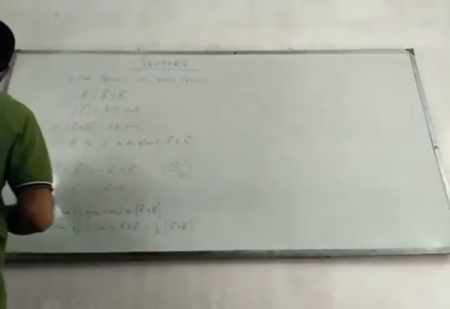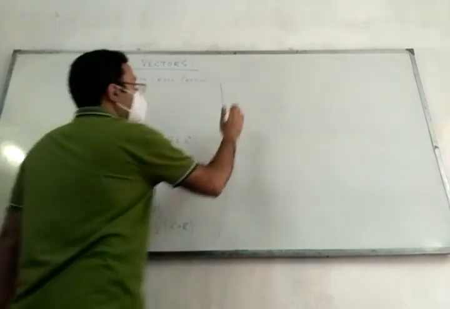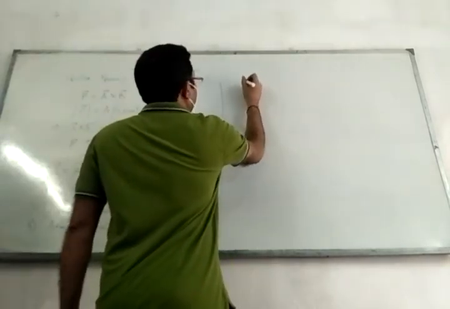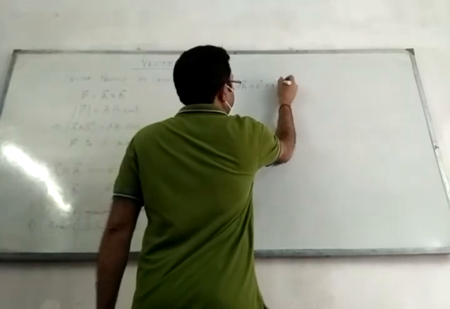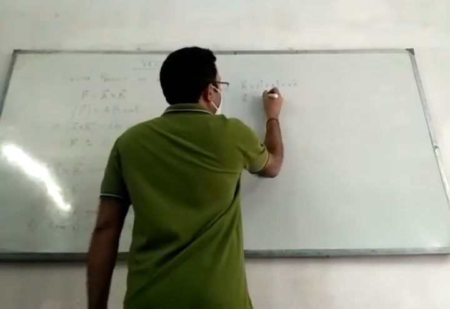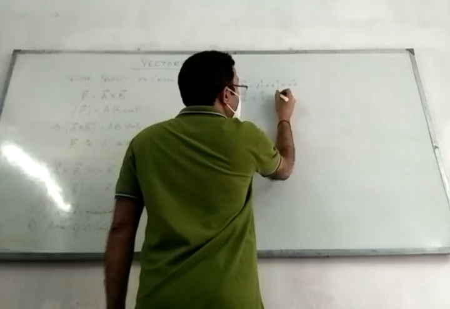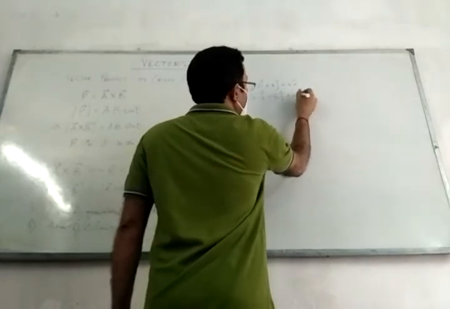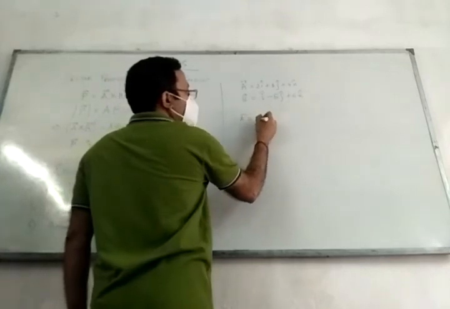If A is equal to 2i plus 3j plus 4k and B we had taken as i minus 5j plus 6k, right? Then what will be the value of A cross B?